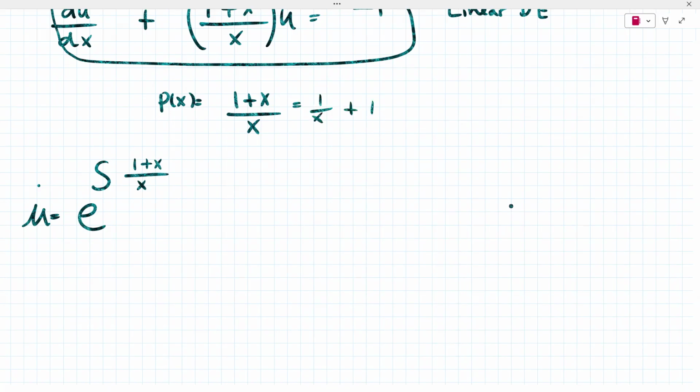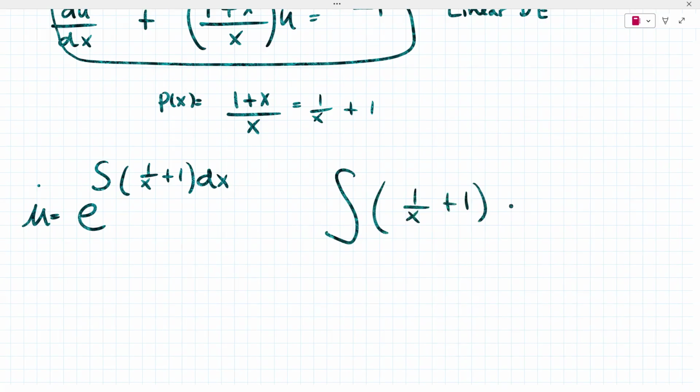I think that would be a lot easier. Okay, and what is the integral? This one's easy. The integral of 1 over x is ln of x. The integral of 1 is x.